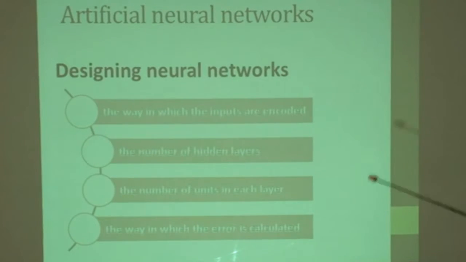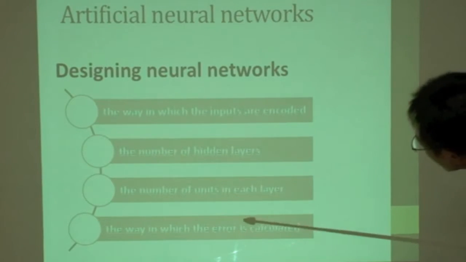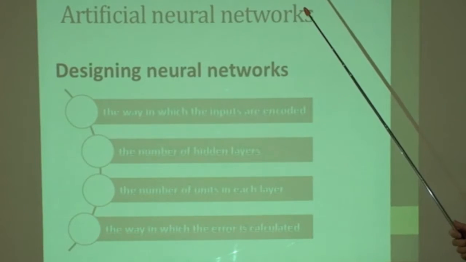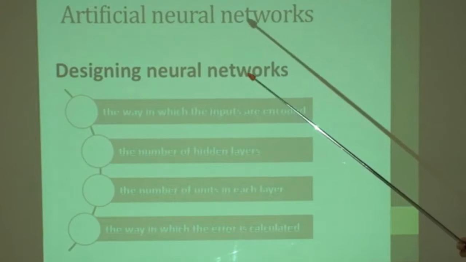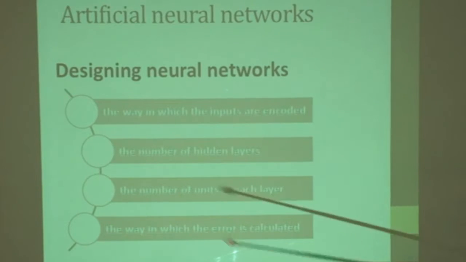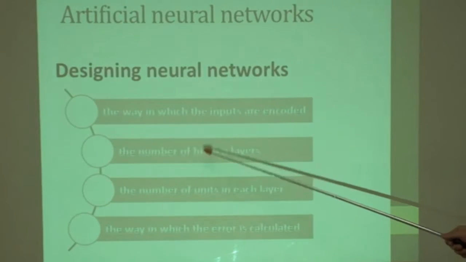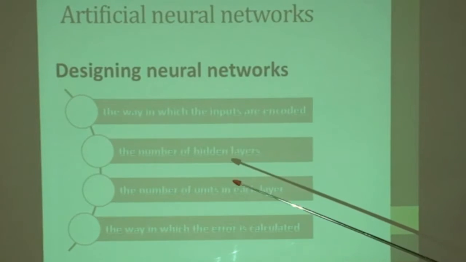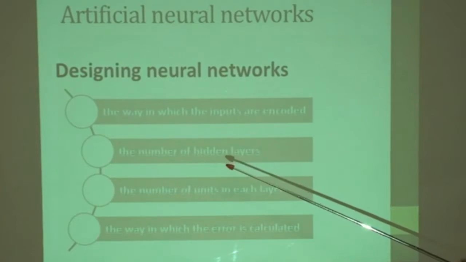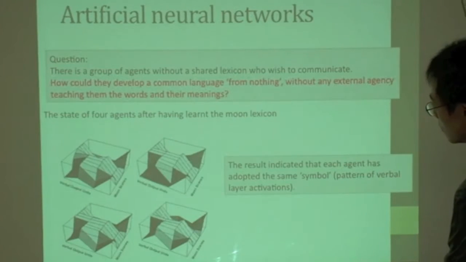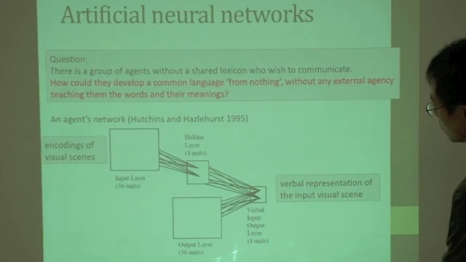And next, we'd like to discuss some issues in designing an artificial neural network. In general, there are 4 aspects. The first one is the way in which the inputs are encoded, and the second one is the number of hidden layers, just as in the previous research.